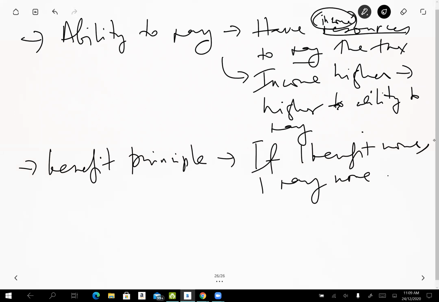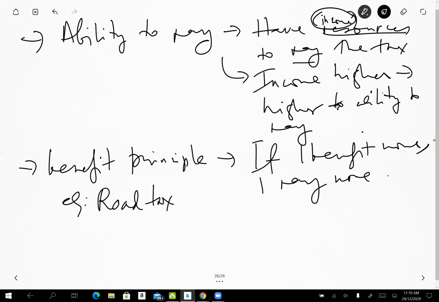If you benefit more, you pay more. For example, tolls can also be like that. The road tax.